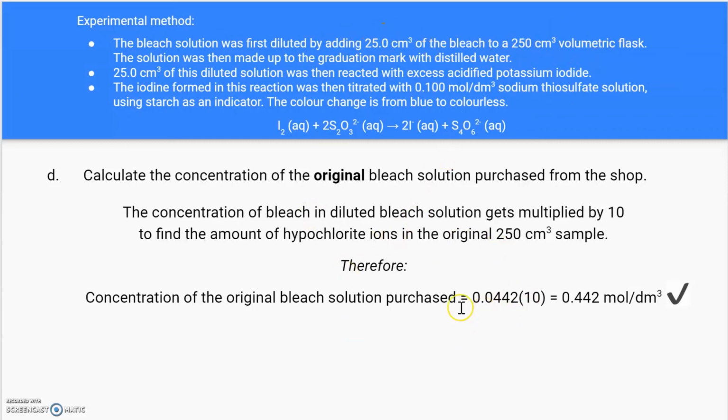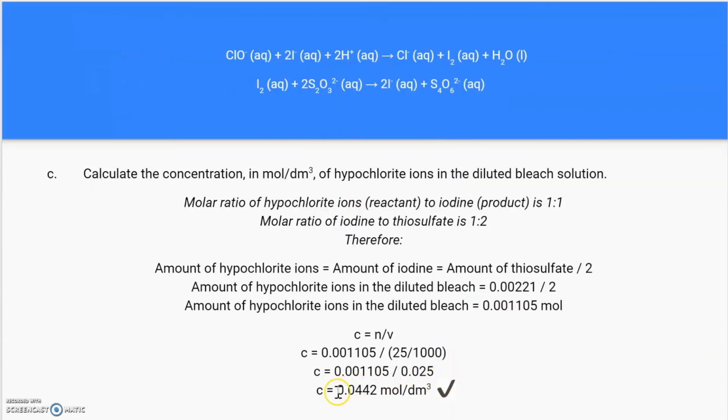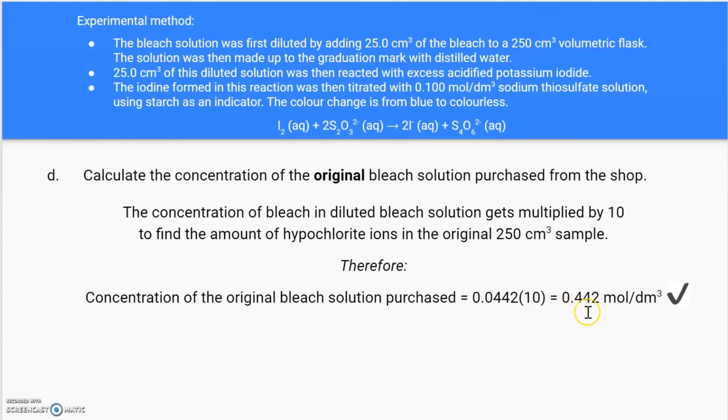So we just multiply that concentration that we calculated, 0.0442 times 10, and we will get the concentration of the original bleach solution purchased, which is 0.442 moles per decimeter cubed.